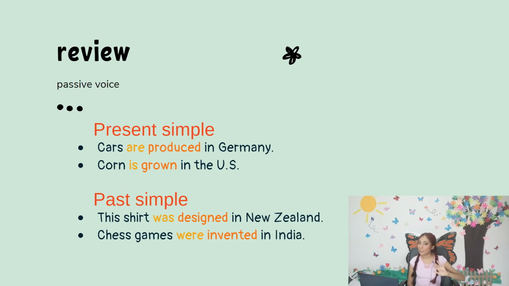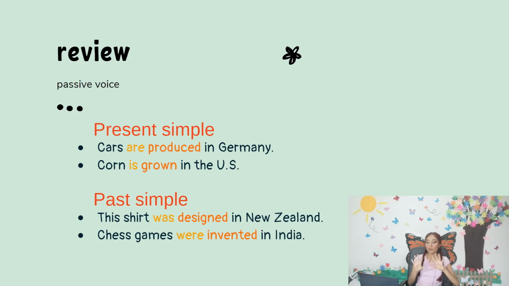The passive voice is not a tense. It's just a different order to write your sentences. For example, in present simple, we can say that Germany produces cars, okay? But in passive voice, it will be cars are produced in Germany. You're just saying the same, but in a different order.